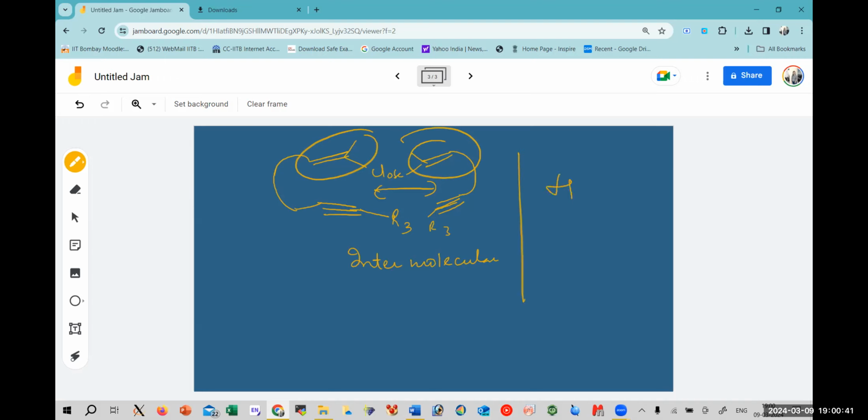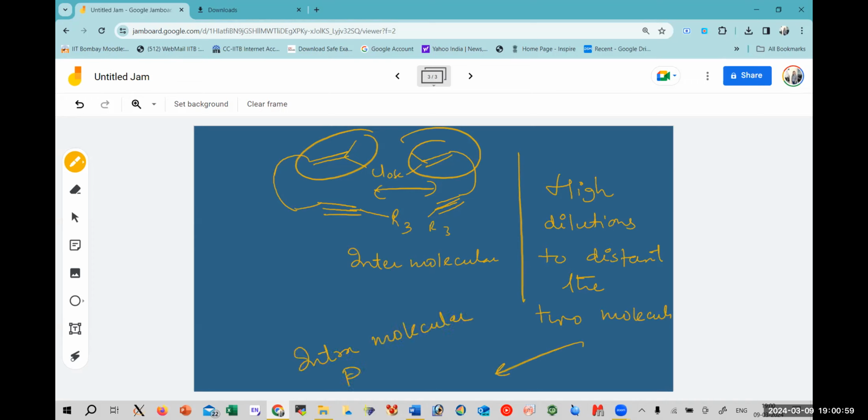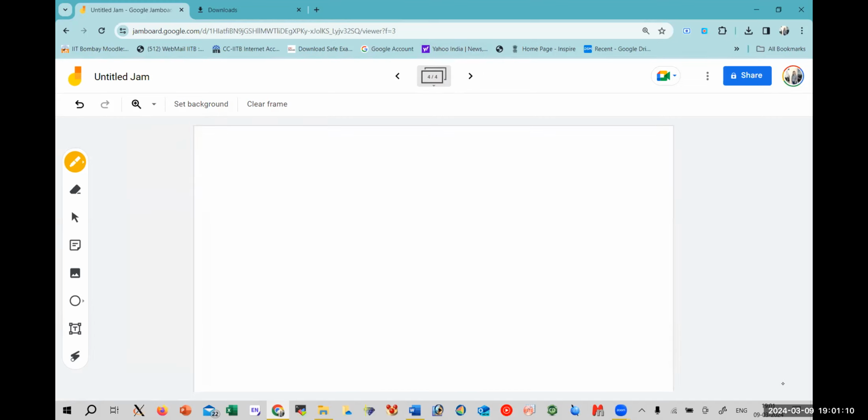So that's why high dilutions have to be done, to distance the two molecules and to have intramolecular ring closing enyne metathesis. This is very important. I hope you guys have understood.